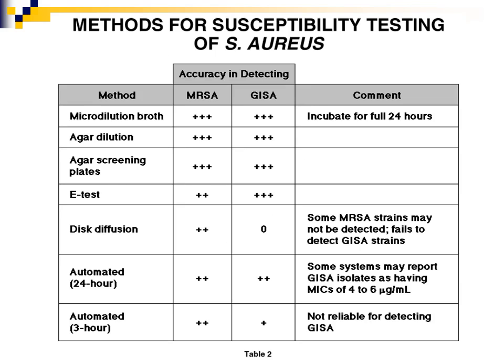So you can do your Staphylococcus susceptibility using microdilutions. You could do them for agar dilutions. There's E-tests for MRSA, your disc diffusions. So there's many different methods that you can use to identify MRSA.